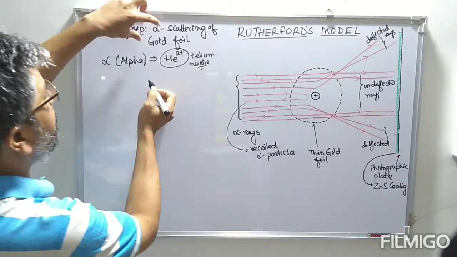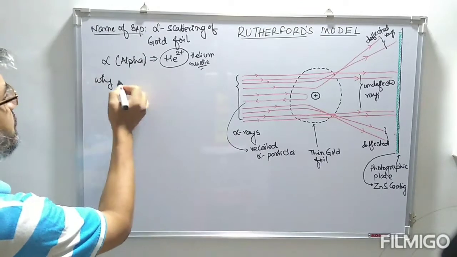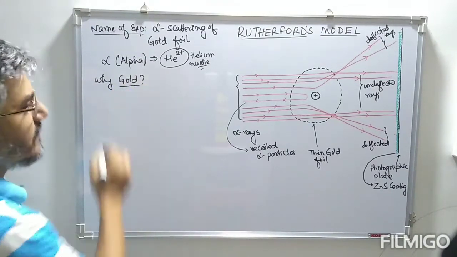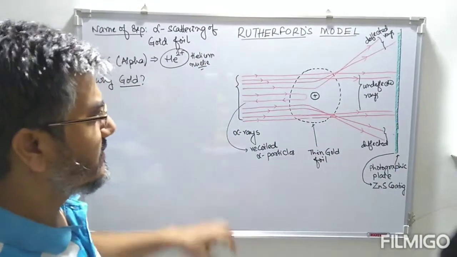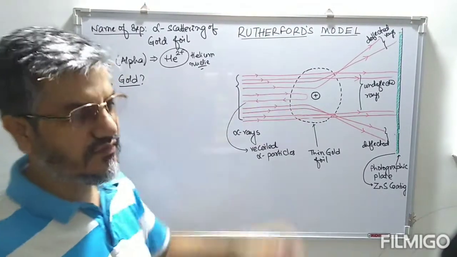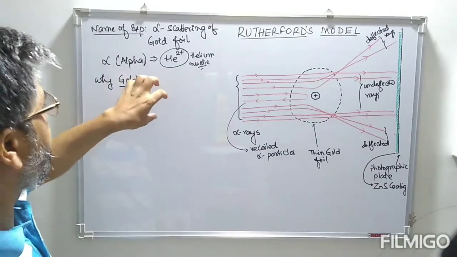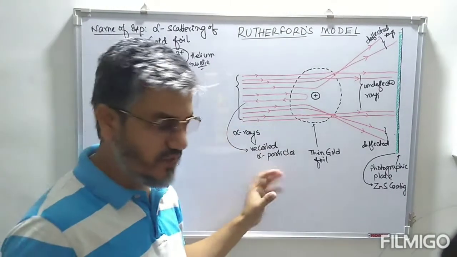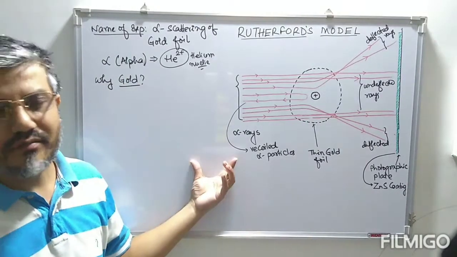Now, why was gold selectively used? We have a number of metals, but instead of all these, gold was selectively used by Rutherford. The reason for using gold for this alpha scattering experiment is that gold is the most malleable metal.